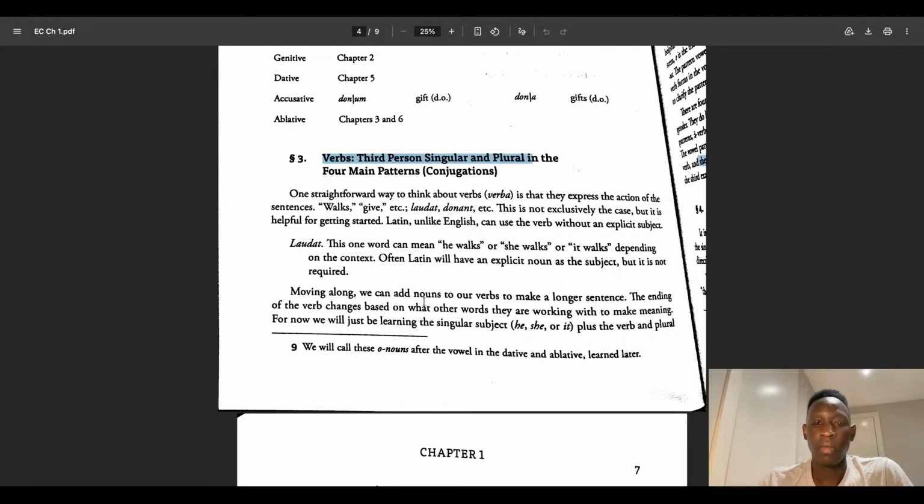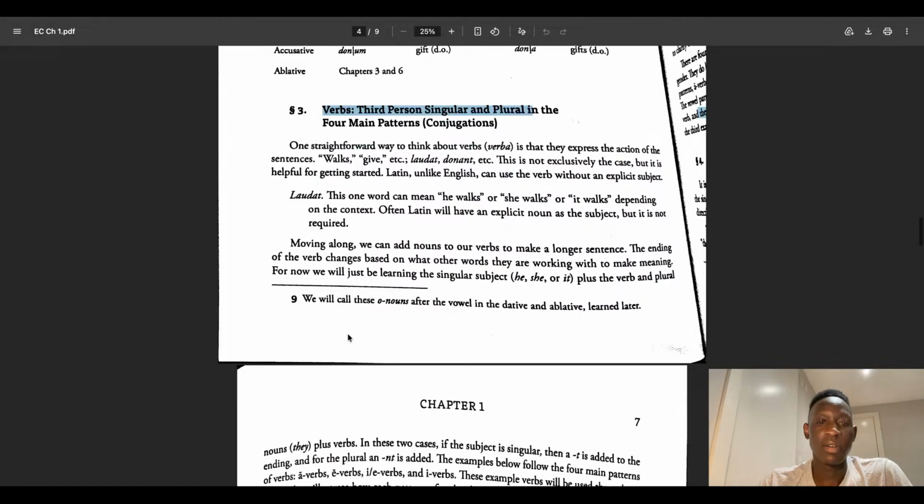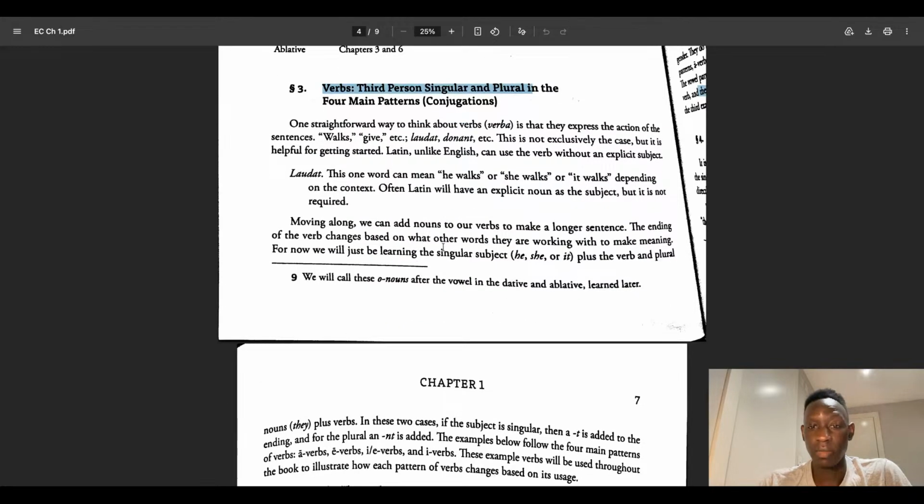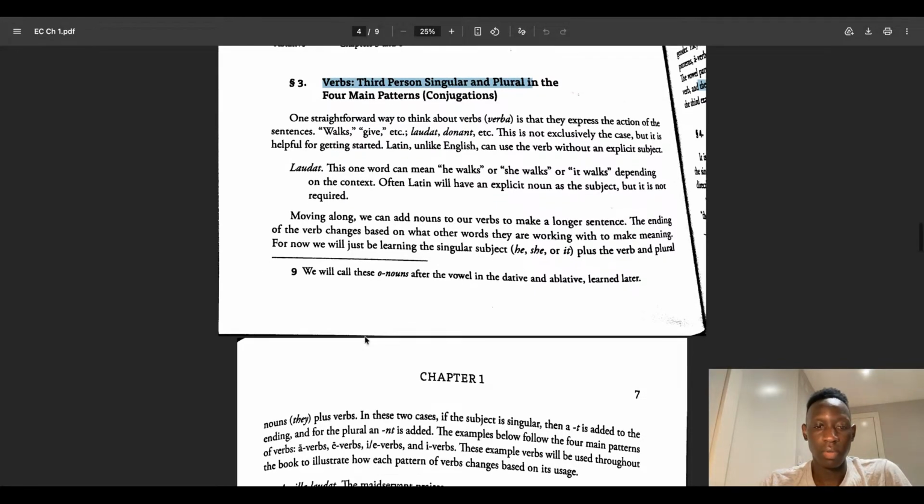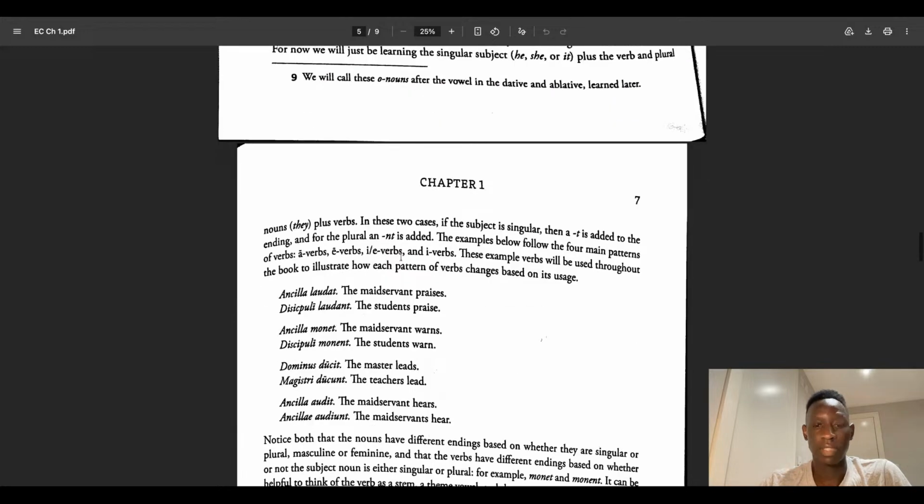Moving along, we can add nouns to our verbs to make a sentence longer. The ending of the verb changes based on what words they are working with to make meaning. For now, we'll just be learning the singular subjects he, she, or it, plus the verb, and the plural subject they, plus verbs.